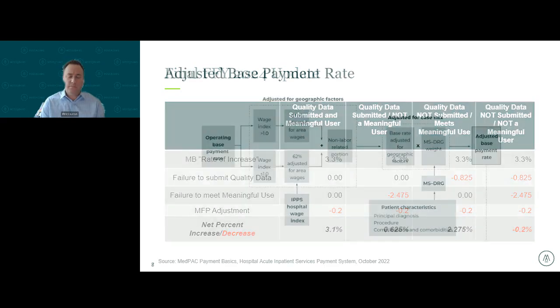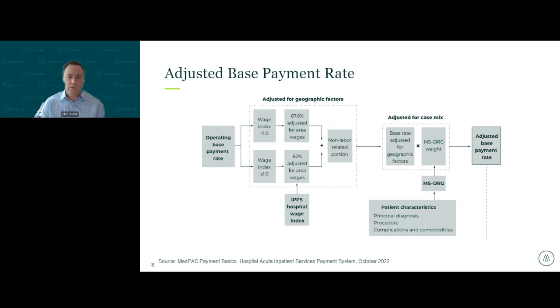So let's just really quickly talk about what we do with this rate. We have an overall rate of $6,497. That needs to be split up between a labor and non-labor portion. Glenn's going to talk in a little bit later in this presentation about specifically the wage index portion, or the labor portion, of this.